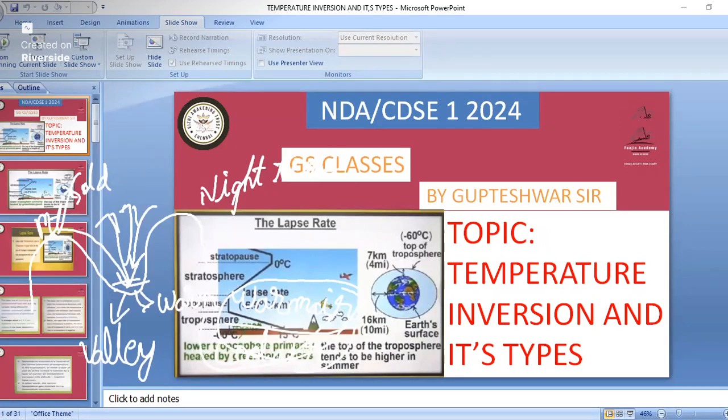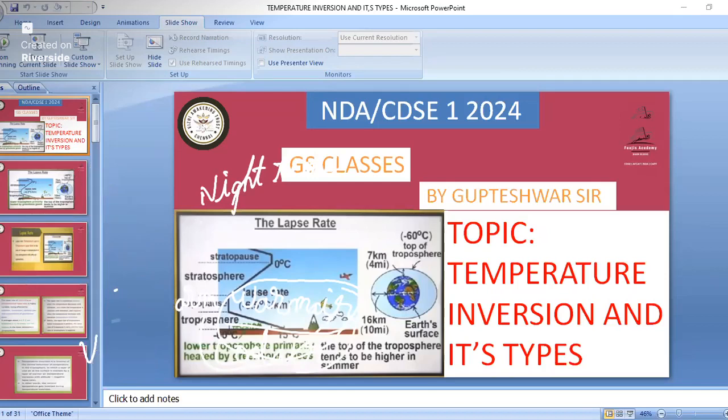So this is all about the different types of inversion. Now we will study one more thing, because you all may have got confused about katabatic and anabatic wind. When the air blows downwards, that is known as katabatic, and when the air goes upwards, that is known as anabatic.